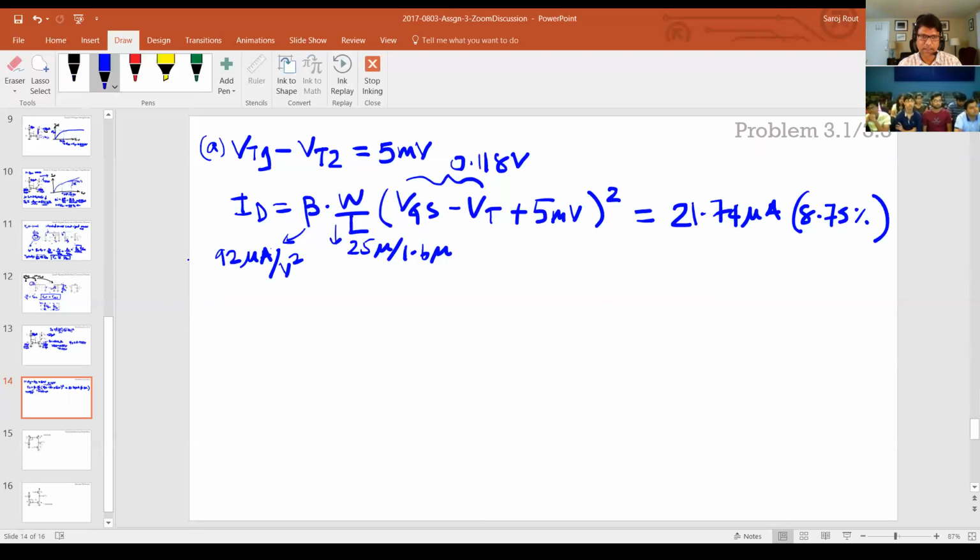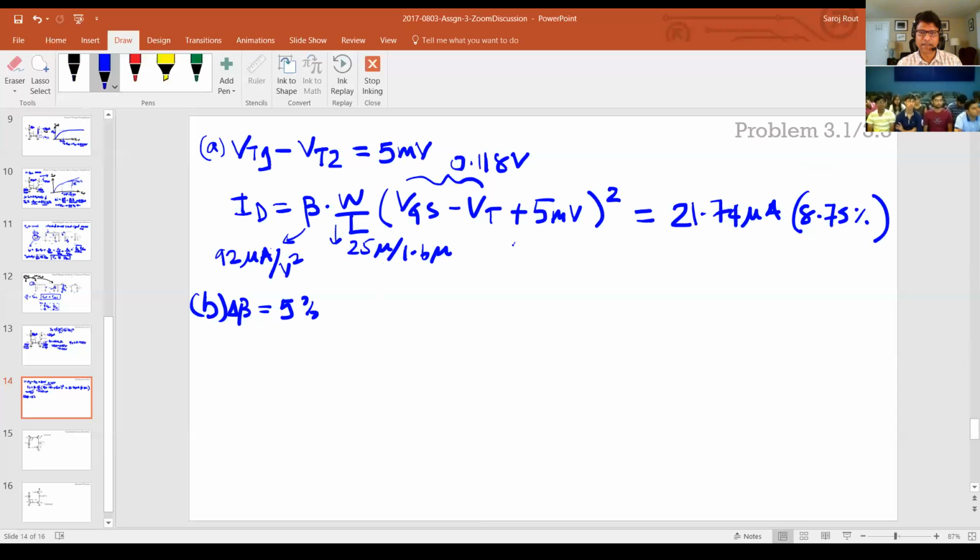The second one, I think, it's asking you the same thing again. It's basically asking you the change of the current if the mu and Cox, the beta, is off by, so delta beta, let's call it delta beta, is off by 5%, right? So that's, I think, the problem.